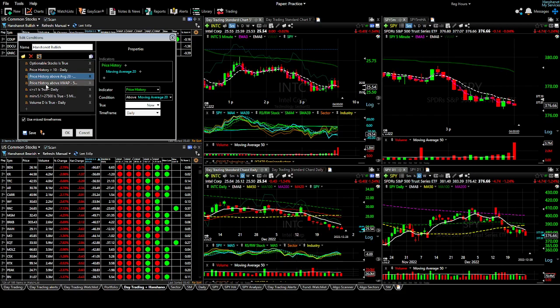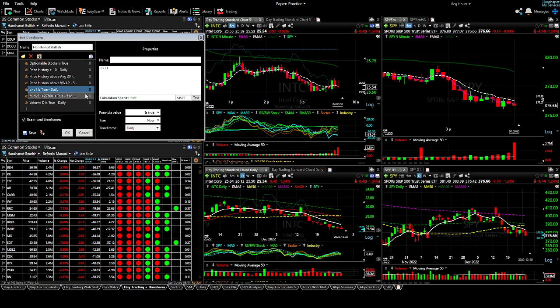So yeah, that's it. I have price history above and below VWAP for the bearish ones. VWAP is a theme that's really recurring in this whole thing, so be prepared to hear it a lot. Okay, I have close higher and lower than yesterday's.